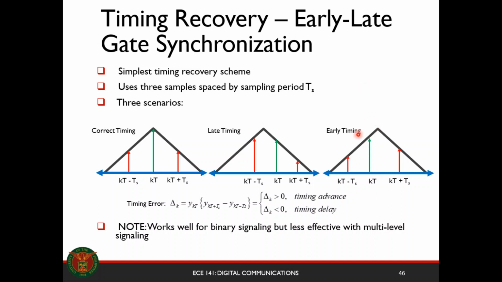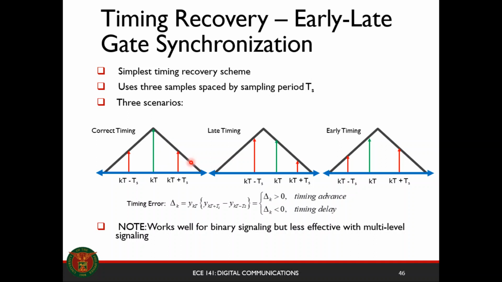The timing error is computed as such: the middle sample multiplied by the difference between this minus this. If the timing error is greater than 0, then we have a timing advance. It means we timed too early and we need to adjust accordingly. If it's late, then the timing error is less than 0.